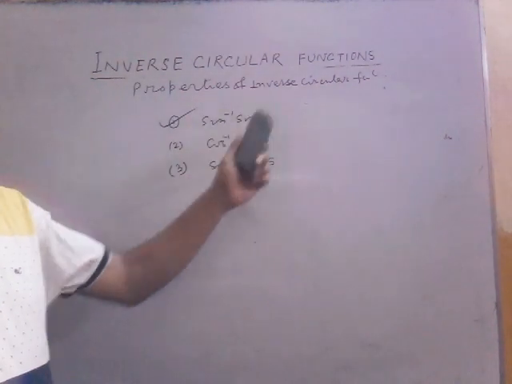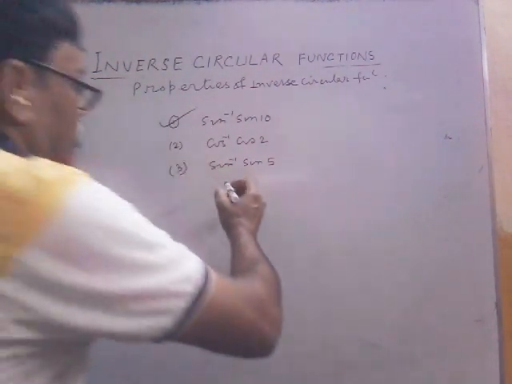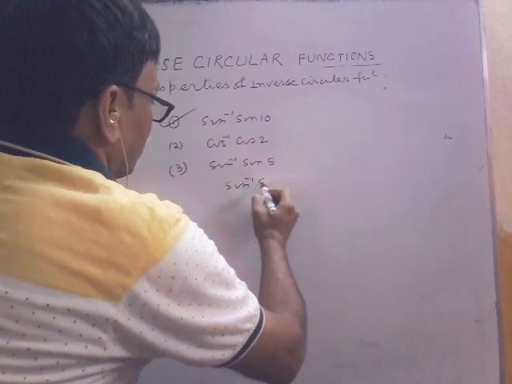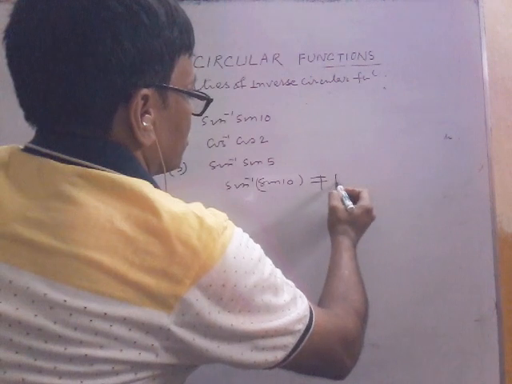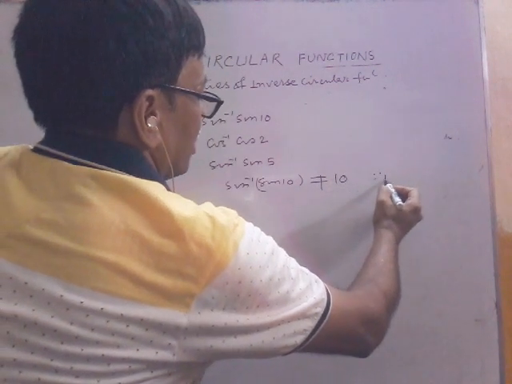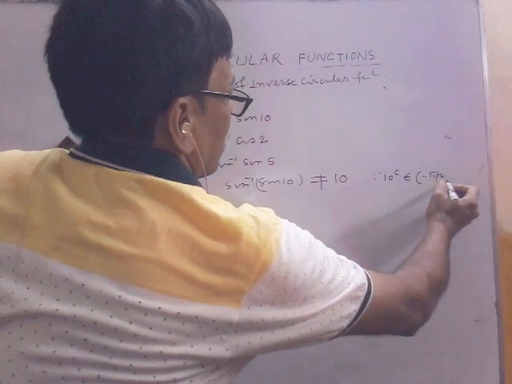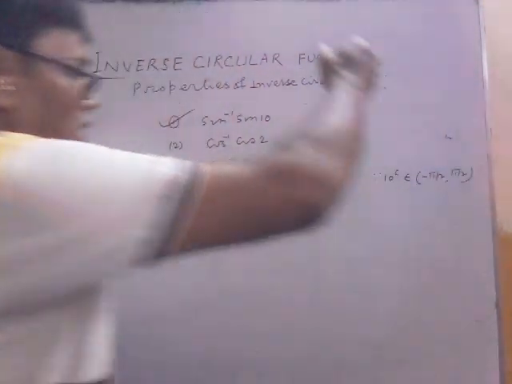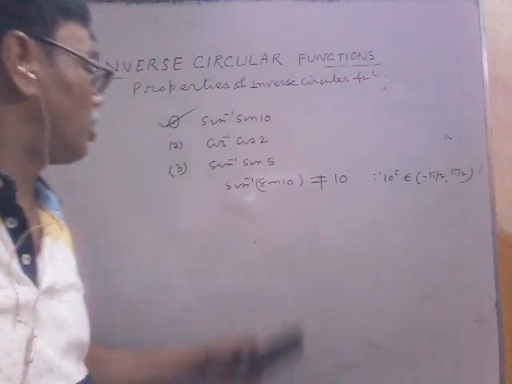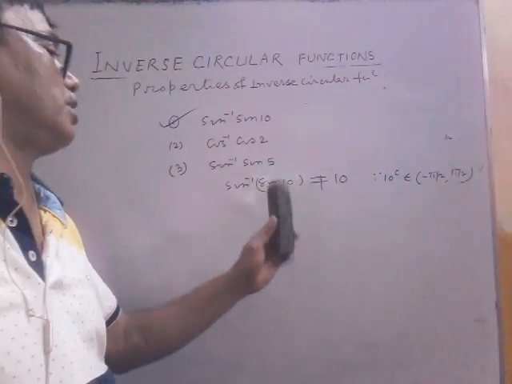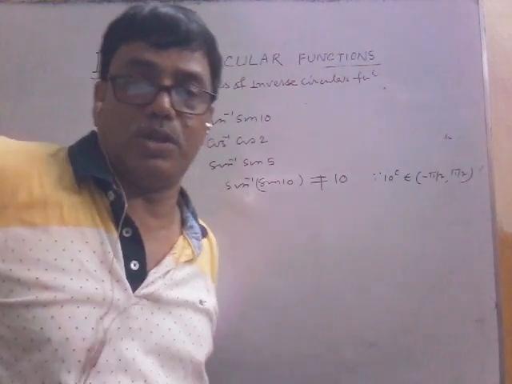So sin inverse sin 10 is not equal to 10, since 10 radians does not belong to minus pi by 2 to plus pi by 2. So what is your n?